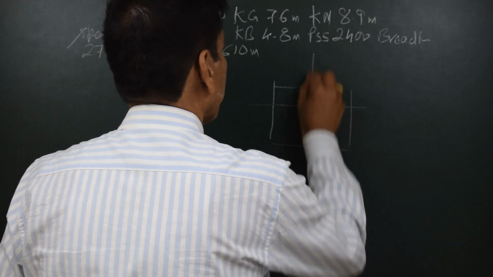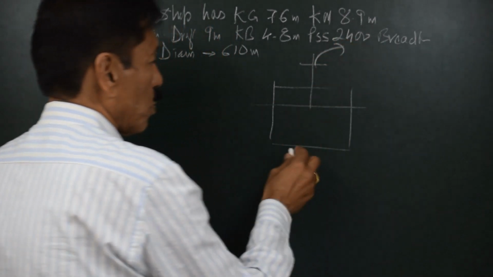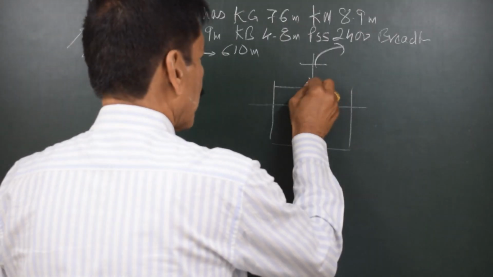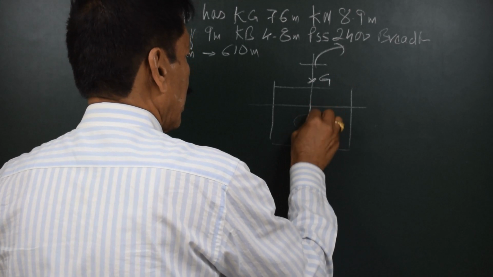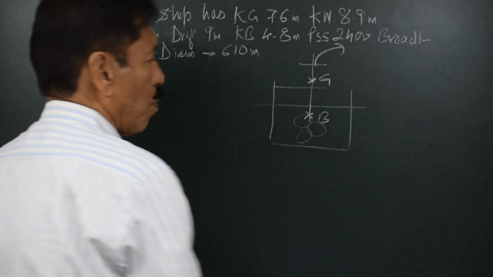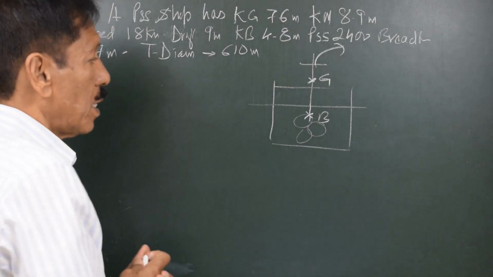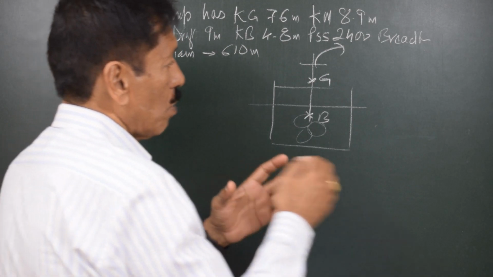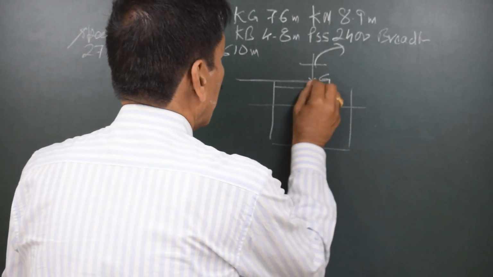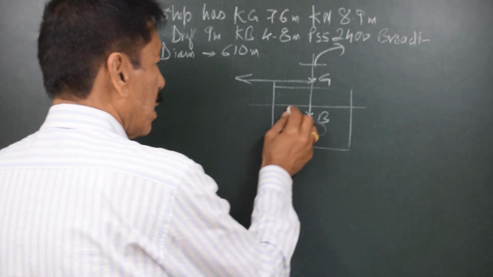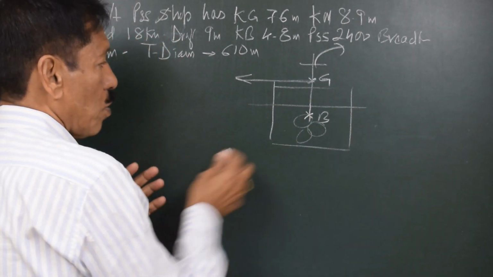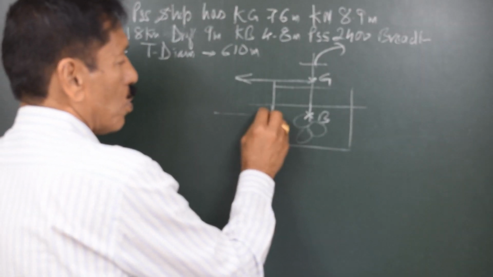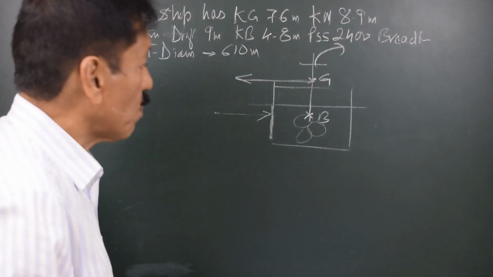Here is the draft, and suppose the ship is going to take a turn on the starboard side. Suppose this is the center of gravity of the vessel and this is the center of buoyancy, underwater. Now when she takes a sharp turn, centrifugal force acts radially outwards this way, and the ship is not thrown in this direction because there is opposition from the water, and the resistance caused by water can be assumed at the level of the center of buoyancy.